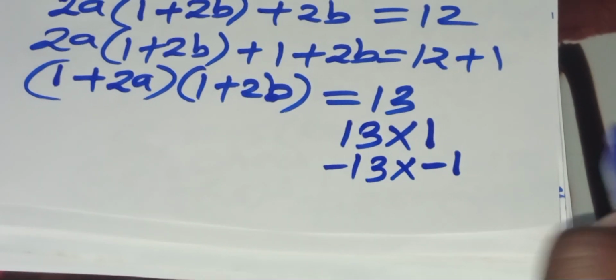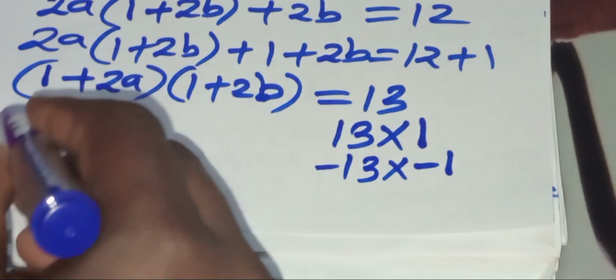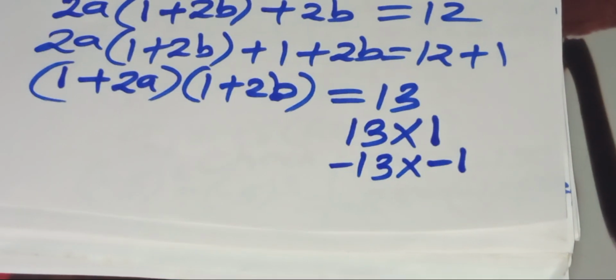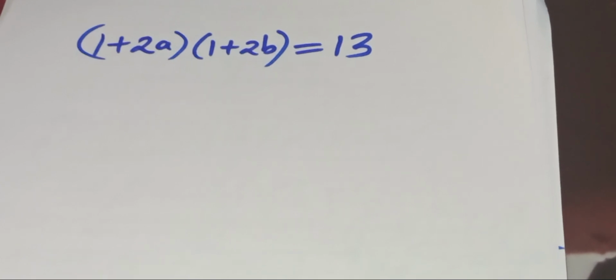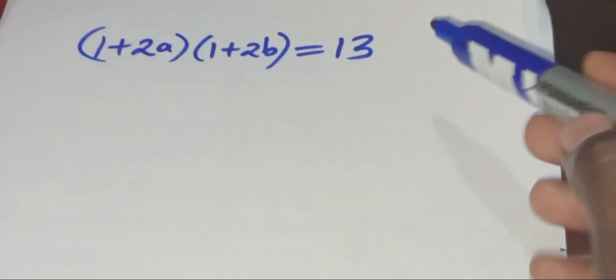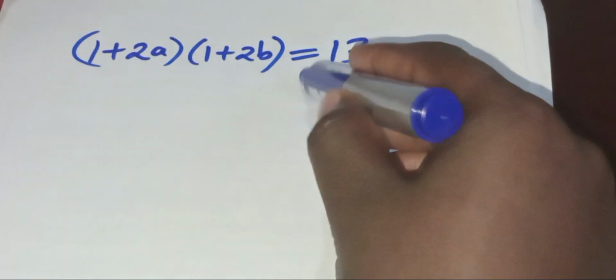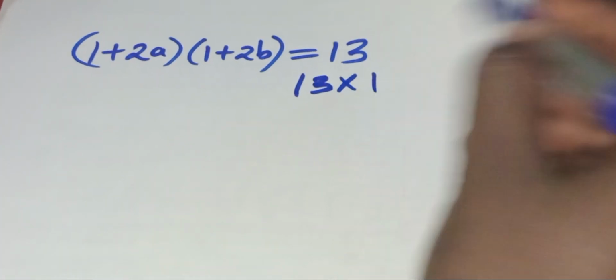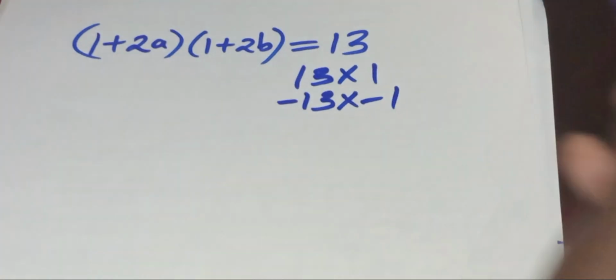This is the same thing as 1 plus 2a times 1 plus 2b, this is equal to 13. Let's get the factors that we can multiply to get 13: 13 times 1, or negative 13 times negative 1.